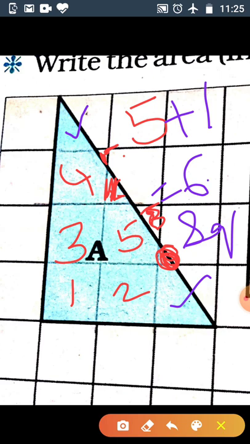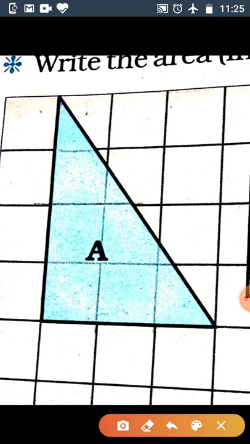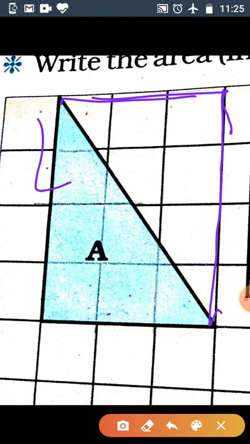Now what is the second method to find the area of this triangle? First of all, what you will do? You will make a rectangle. So this triangle comes inside the rectangle. Now you find the area of this rectangle first. So the length is 4 centimeter, breadth is 3 centimeter.